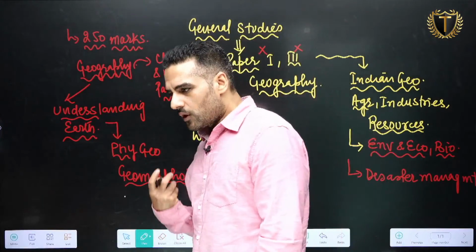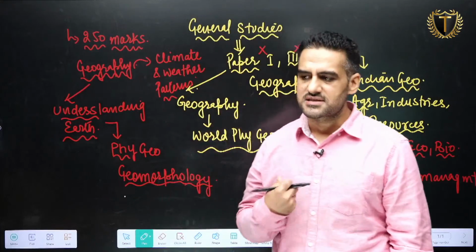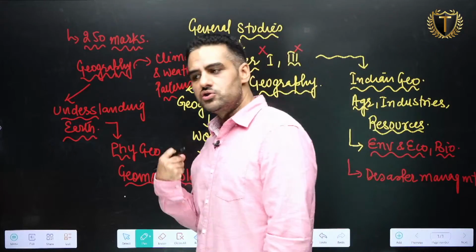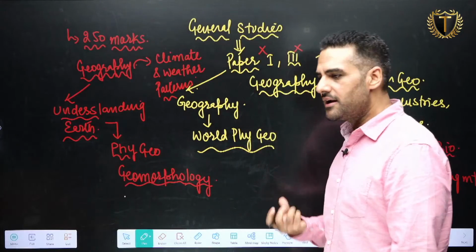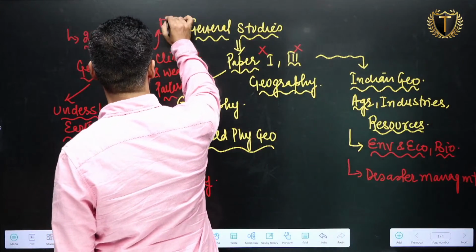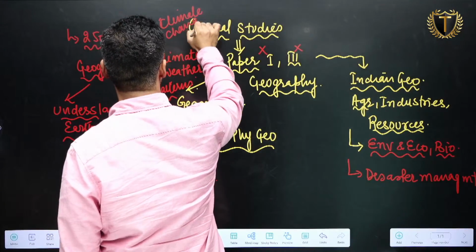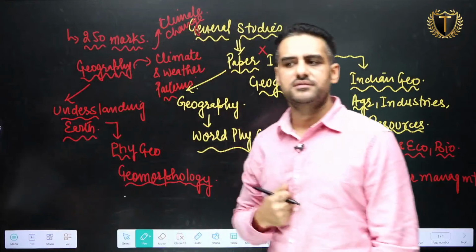This knowledge is very important for predicting natural disasters like hurricanes, droughts, floods and understanding the impact of climate change. I'm just trying to give you an overview of the syllabus.